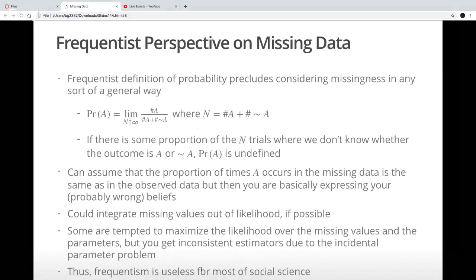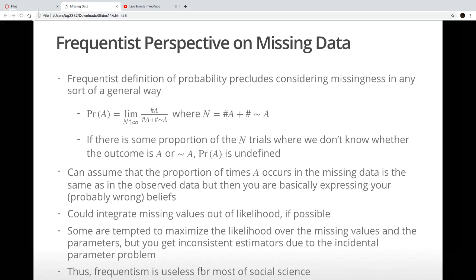Okay, so moving from data that's not quite right to data that's actually totally missing. The frequentist definition of probability is really not good for considering missing data in any substantive, useful way, because they define the probability of something A being true as the limit, as the number of trials goes to infinity, of the number of times that A happens as a proportion of the total number of random trials that you've done.